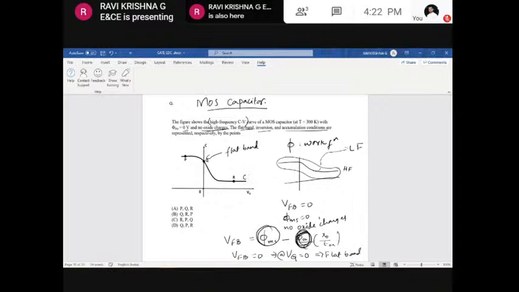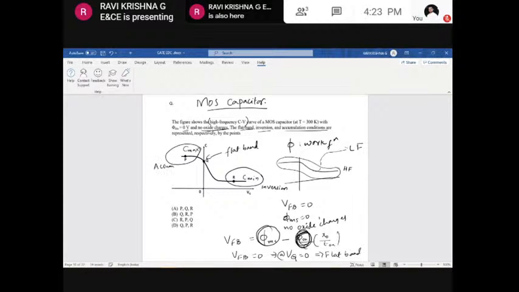Here this is the capacitance, with the minimum capacitance and the maximum capacitance. Why is it a p-type semiconductor? Because in a p-type substrate, C minimum is going to be the inversion region, whereas this region is going to be the accumulation condition.